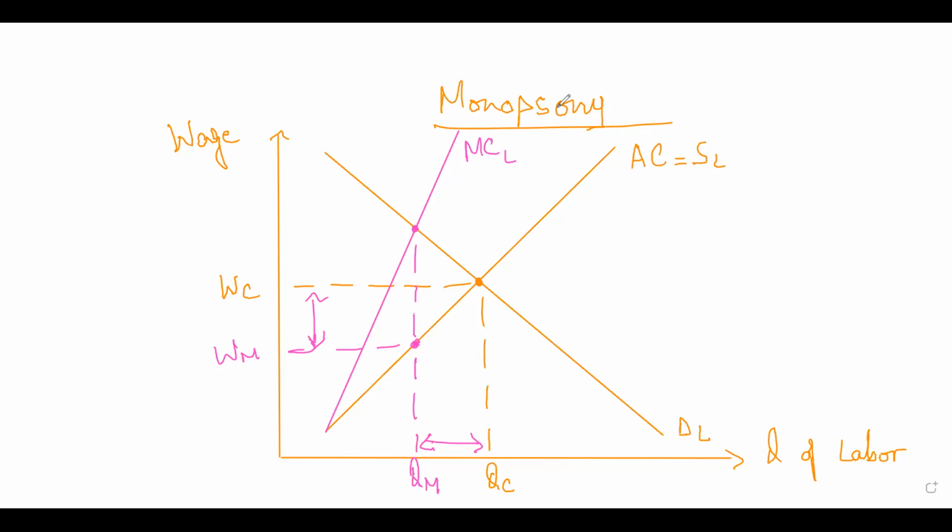Right, because think about it, that's a good question, Ruby. The reason they don't want to pay workers more is that they know they are the only firm in the market, right? And even if they pay them less, the workers don't have an option to switch. Are you getting me? If someone has invested so much time and energy choosing a certain occupation and joining a certain field, now they can't really switch, right?